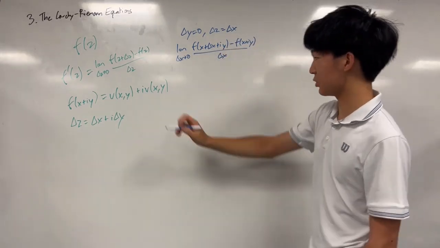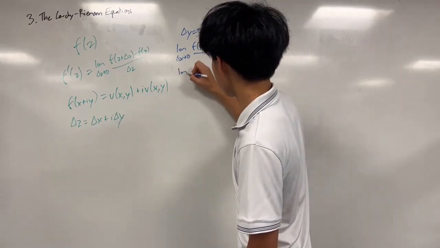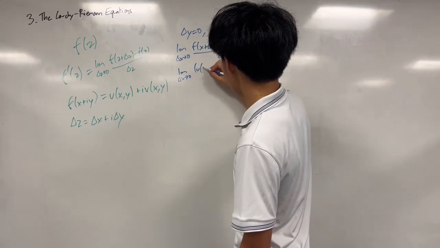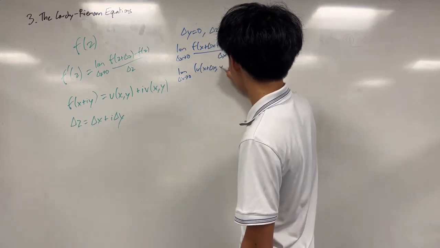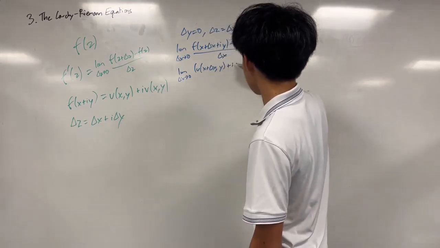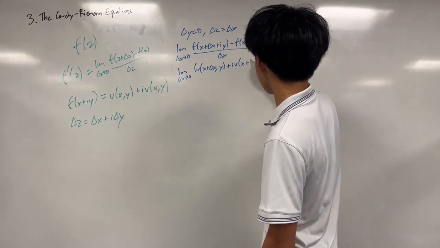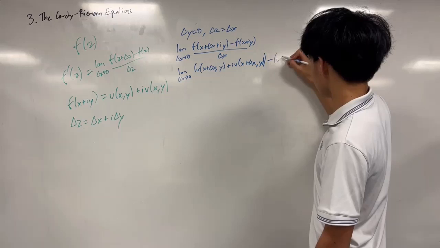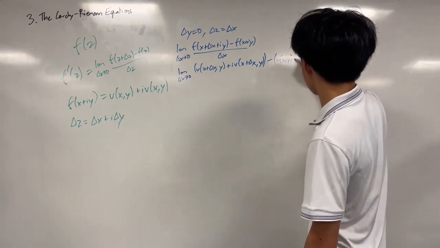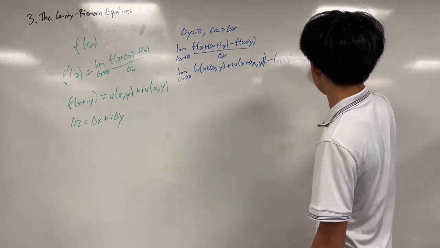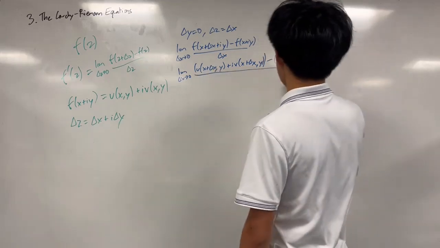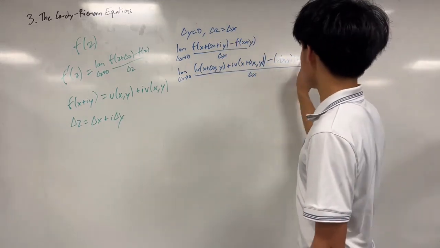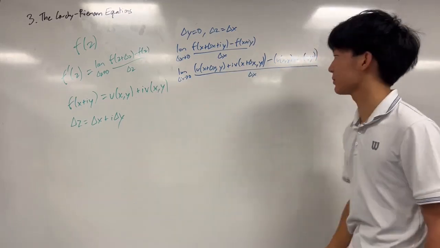Separating these f's into u's and v's, this is the limit as delta x tends to 0 of u of x plus delta x, y plus i times v of x plus delta x, y minus u of x and y plus i times v of x and y, all over delta x. And you should be able to see how we break these down into these using that.